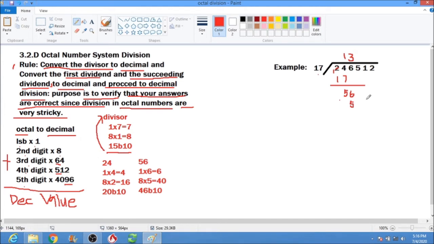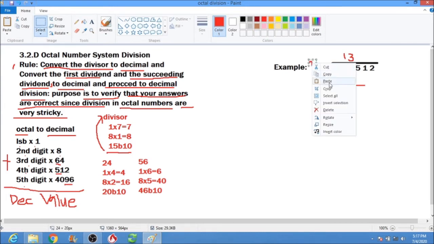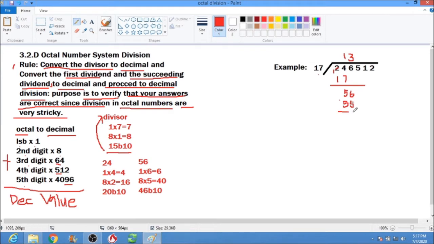Carry 2. 3 times 1 is 3, plus 2 is 5. So we have here 55. You can watch the video again. Therefore 56 minus 55 in octal is equal to 1.